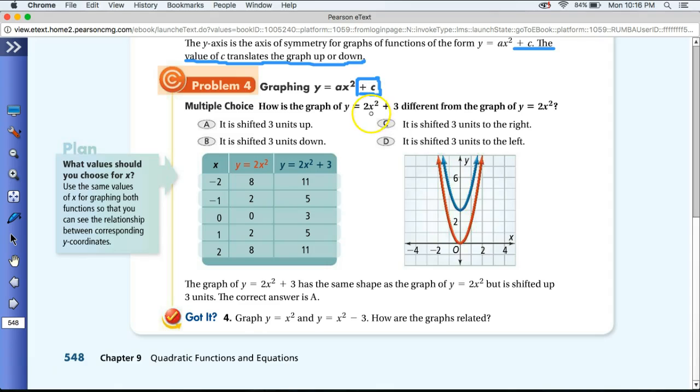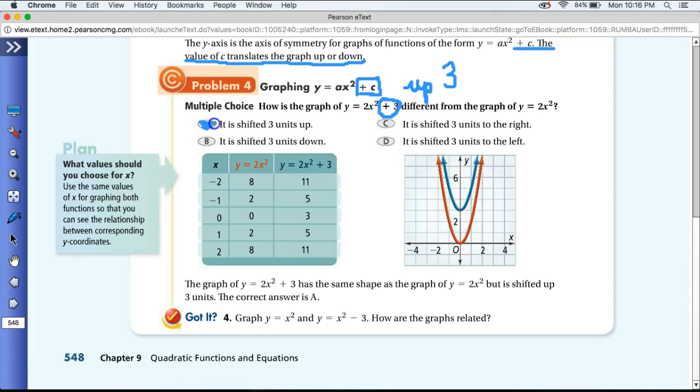So how is the graph y equals 2x squared plus 3 different from the graph y equals 2x squared? Well, obviously the makeup of the problem is different. This has this plus 3, and this guy's going to do what he's told, which means plus 3 is going to be up 3 from the origin. So it is shifted 3 units up. Yes, it is.